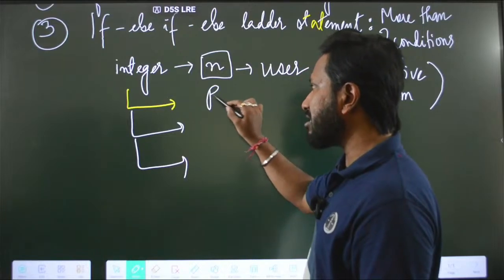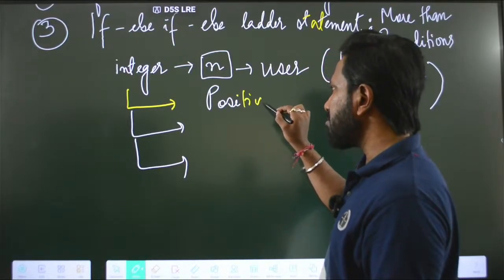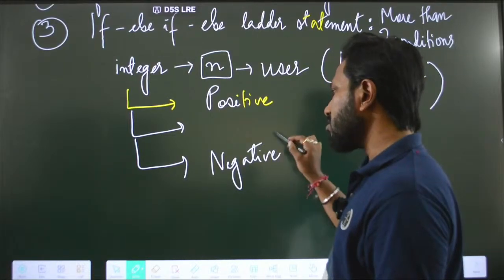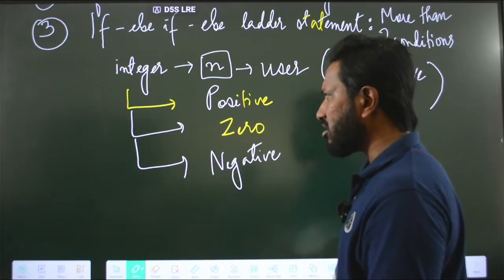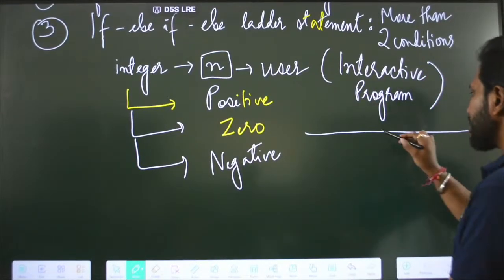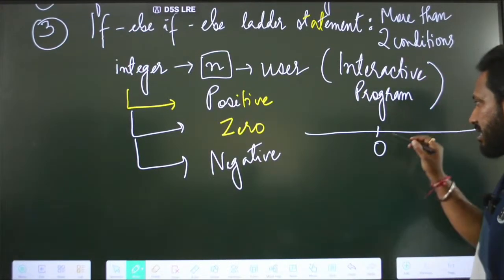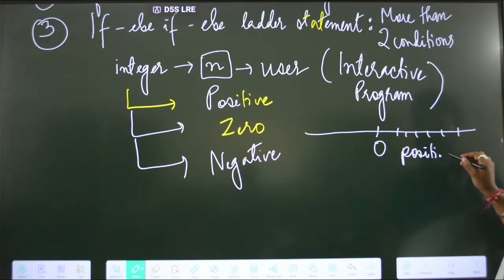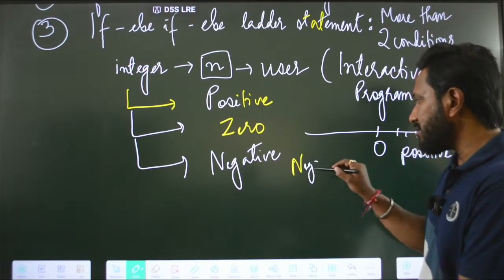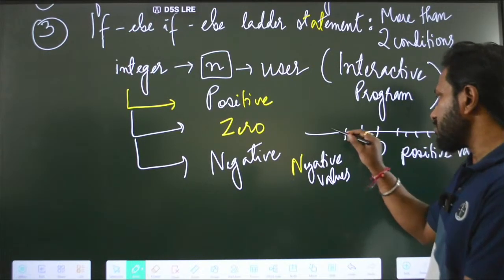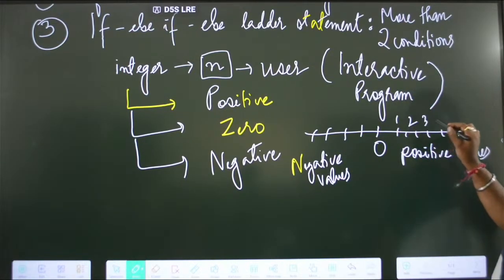I can say it is positive, I can say it is negative, or it is 0. It's a very simple concept, but if you think about the number line, it can be something like this. This is your 0, and here to the right hand side we have the positive values, to the left hand side we have the negative values, right? Here 1, 2, 3, 4 and so on.